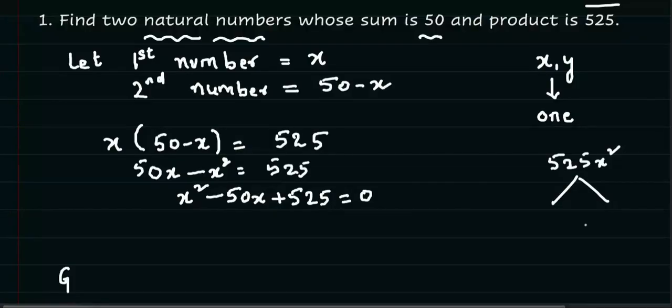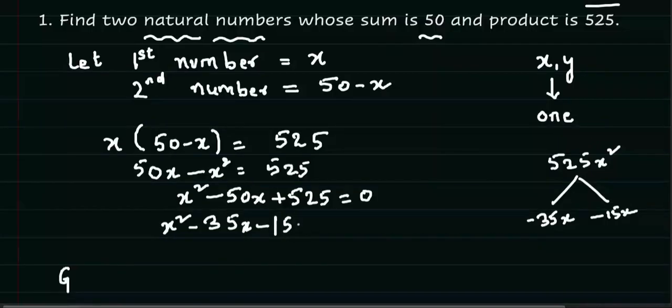Now I have 35 into 15, both negative, so I will write x square minus 35x minus 15x plus 525 equal to 0.